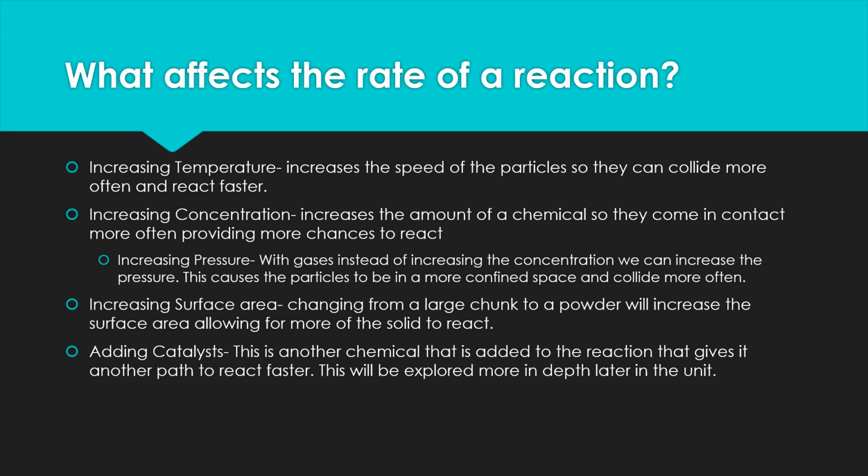So this goes into what's called collision theory, which we're going to get into, and what is required for chemicals to actually have a successful reaction. Well, one of the big things is that they have to touch each other. Well, the more chemicals can come in contact with each other, the more they're able to have successful collisions and react. So increasing that concentration can help with that. So that's generally increasing the molarity or moles of chemical.